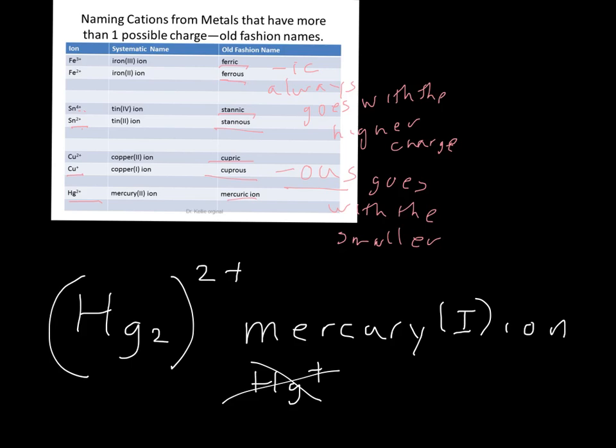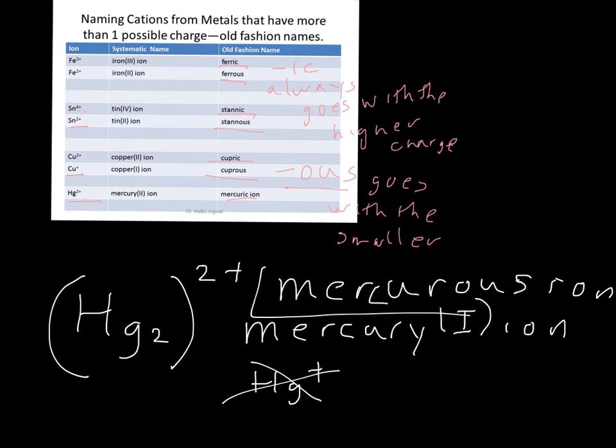This polyatomic ion of Hg2 2+ is also referred to as the mercurous ion. Forgive me, I became a chemist so I didn't have to spell.